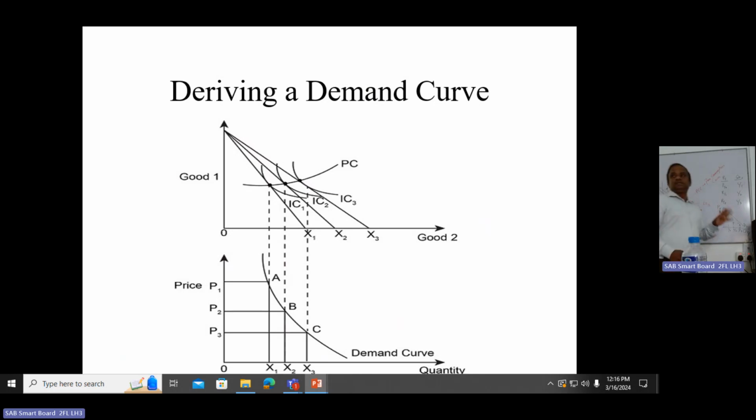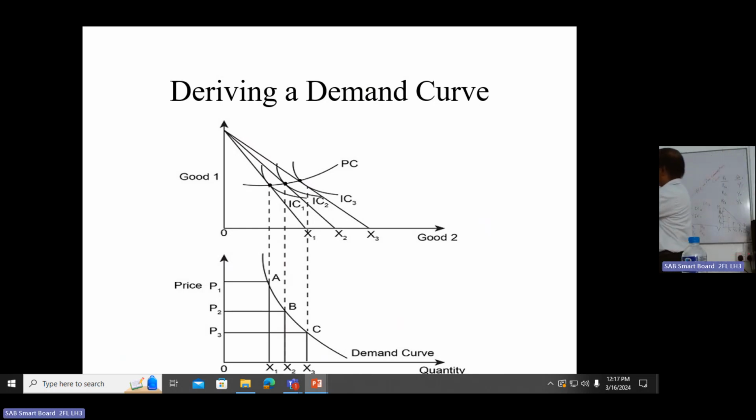We can take changing price of either Y or X, one side only, because we take the demand curve for the particular product. The same thing is explained here. We assume the price change of good 2. When the price decreases, the quantity demanded increases.